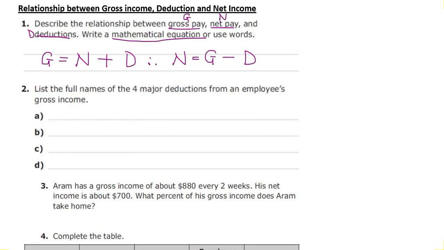So number 2 says that we should list fully all the 4 major deductions from an employee's gross income. Like what we talked about in the first 5 minutes of this video, we know first the Canadian Pension Plan, that is one.